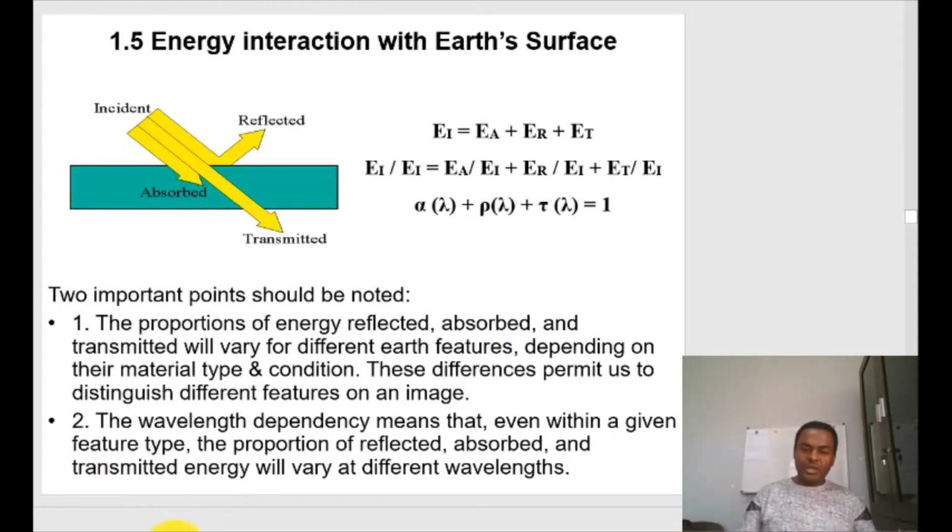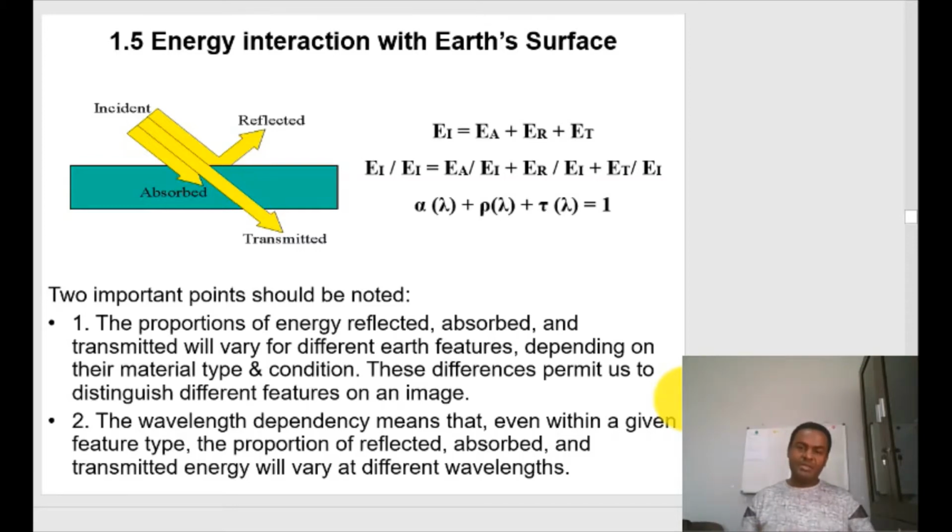And the second important point that you should note is the wavelength dependency. The first one is object dependency of that proportion, and the second one is wavelength dependency. Now let's take a look at the same object. Let's assume the object is forest.